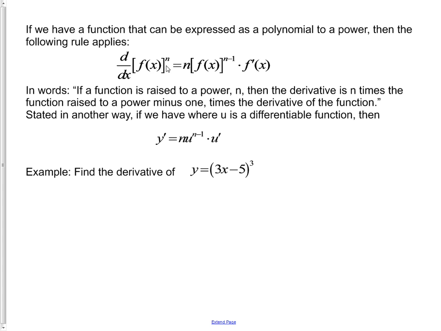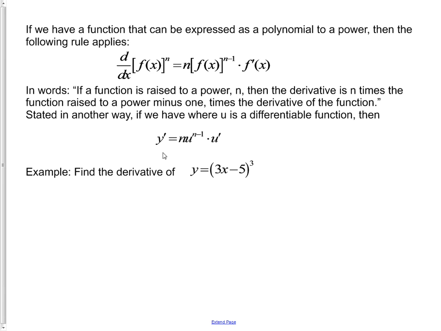So we use the power rule, only this time we take n times that function f of x, raised to the n minus 1 power. We're not changing f of x, but then we multiply it by the derivative of the inner function. So in words, if a function is raised to a power n, then the derivative is n times the function raised to the power n minus 1, times the derivative of the function itself.